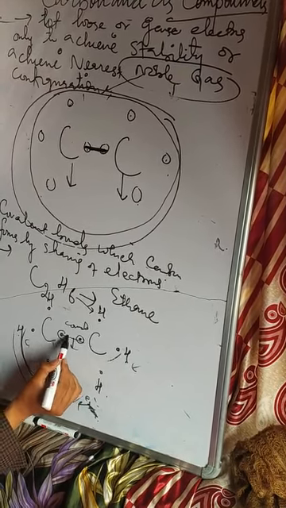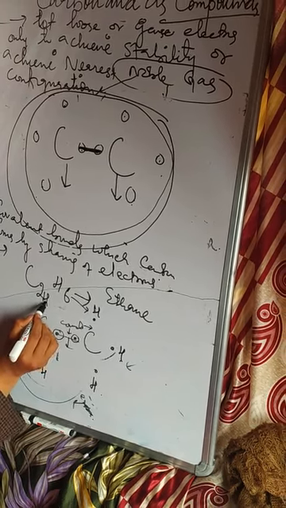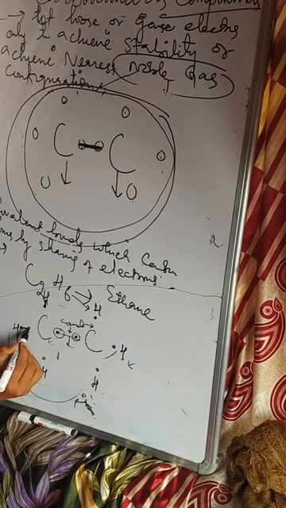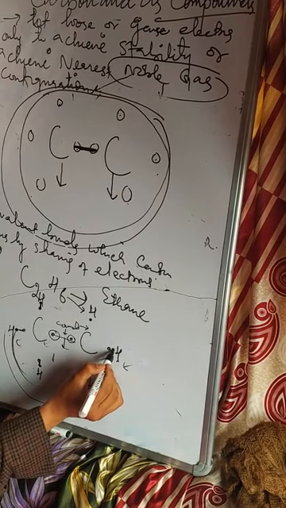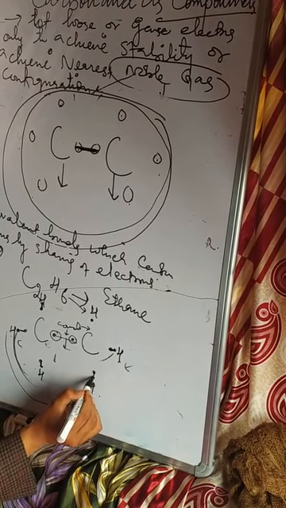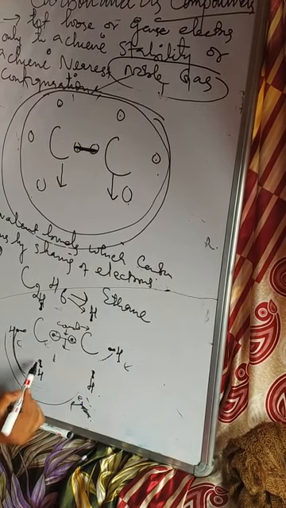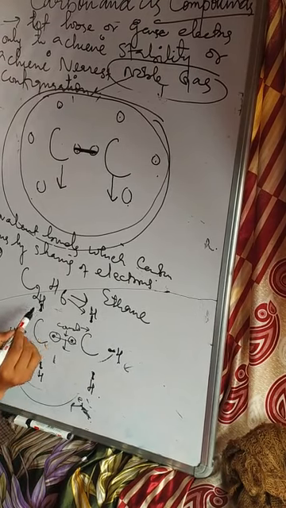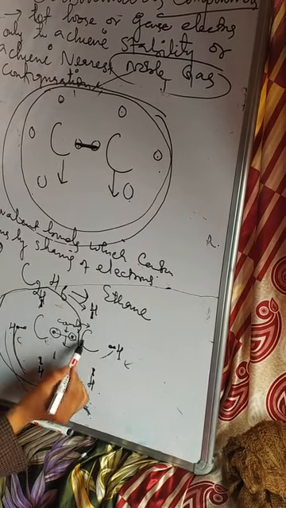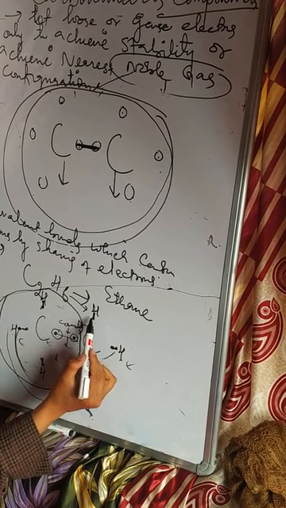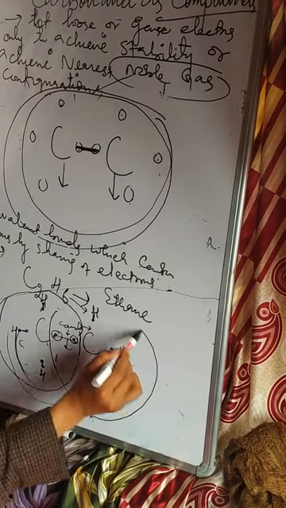Each carbon will also share one more electron with each hydrogen, thereby stabilizing the hydrogens. Now 1, 2, 3, 4, 5, 6, 7, 8 means this carbon becomes stable and achieves the nearest noble gas configuration, and the same goes for the other carbon.